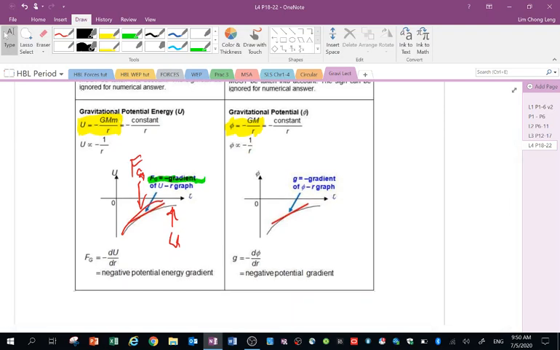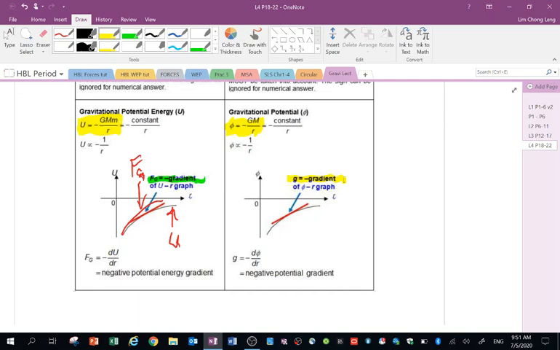So the gradient of the potential versus R graph is equal to the negative G, or you can put the negative on the other side. Okay, G equals to minus gradient, or you can say gradient equals to minus G, right? So you must know the relationship between the various quantities.